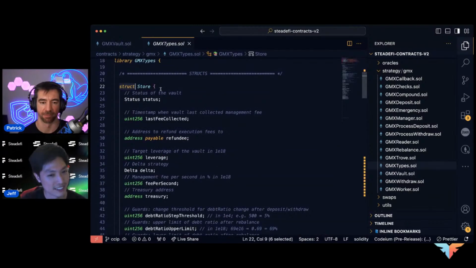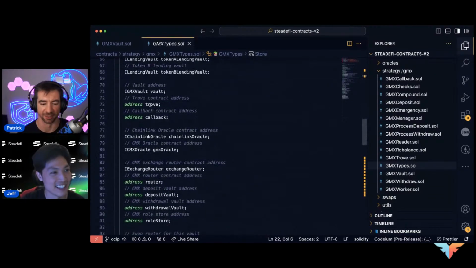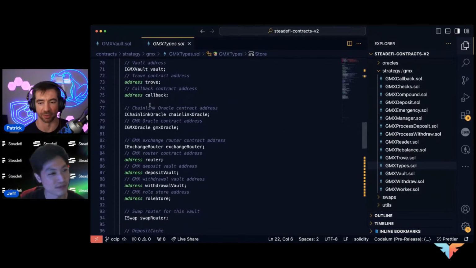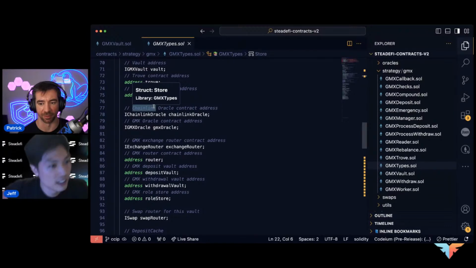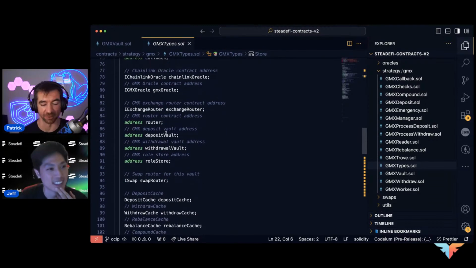But for some reason, when we put the struct in an external library, you could have more than 16 variables, and it's okay. Last time I checked, they put a lot more of the struct stuff in memory. So that's why, because it's not on the stack anymore, you don't get Stack Too Deep.